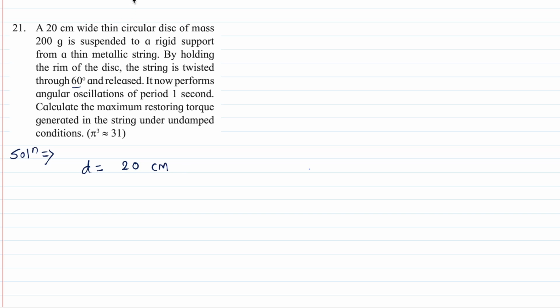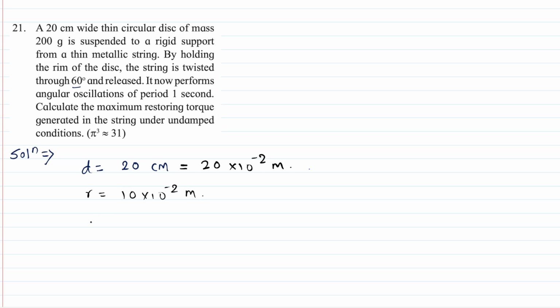Diameter is given as 20 centimeter. Therefore we will convert this diameter into SI unit, 20 into 10 to the power minus 2 meter. As diameter is given, we will calculate the radius. Radius will be equal to half of the diameter. This will be 10 into 10 to the power minus 2 meter.